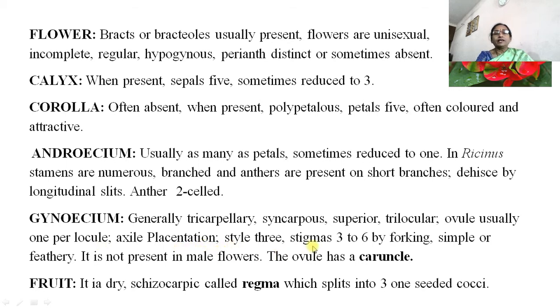Then style 3, stigmas 3 to 6 by forking, simple or feathery. It is not present in male flower. The ovule has a caruncle. Then fruit: it is dry, schizocarpic, called regma, which splits into 3 one-seeded cocci.